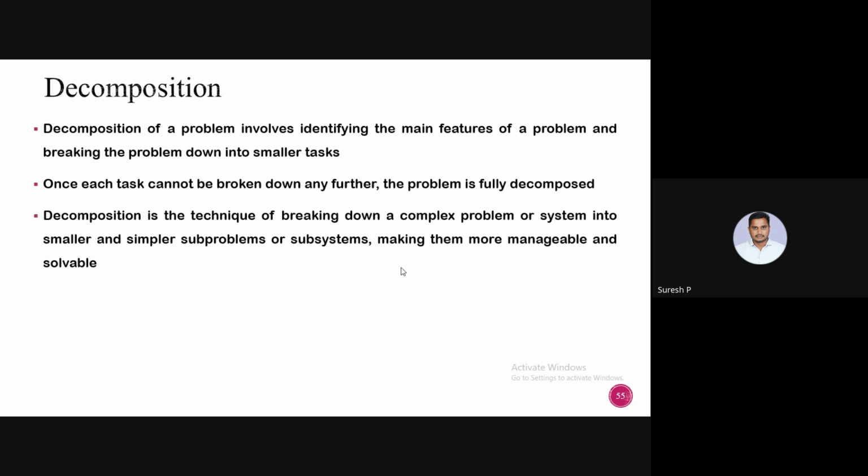But in Java, we have only the object concept for getting modularity. In C++ and Python, we can follow either the structure-oriented approach or the object-oriented approach, because Python and C++ support both the structure-oriented and the object-oriented programming paradigms.